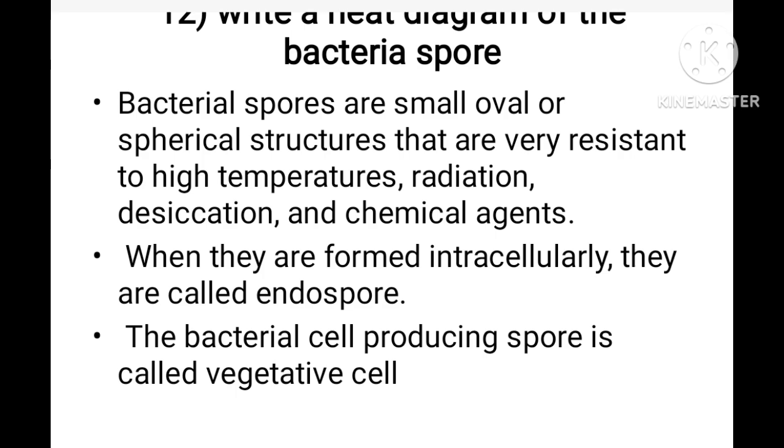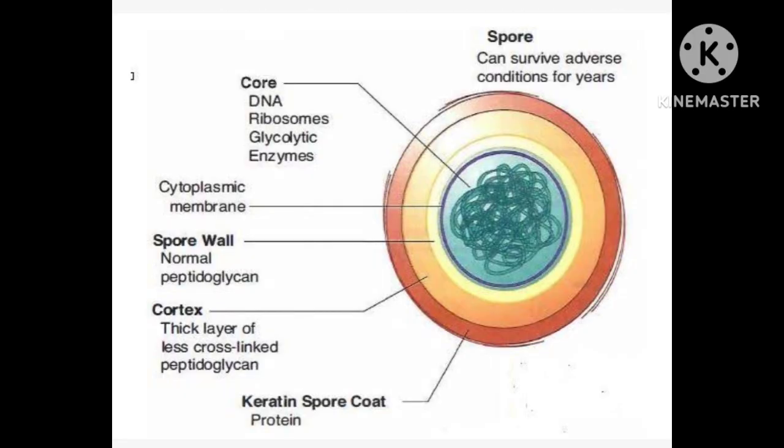Already I have told that. When they are formed internally, they are called endospores. The bacterial cell producing the spore is called a vegetative cell. Here a diagram is also there. You have to draw the diagram.